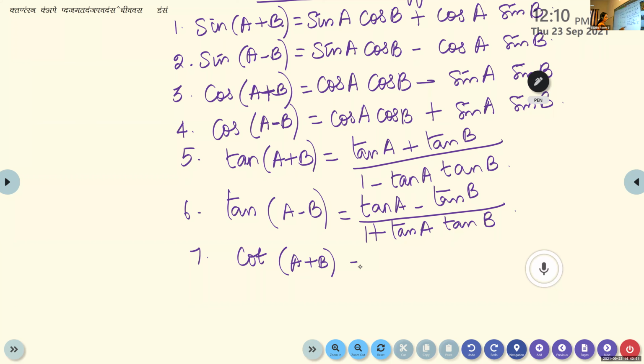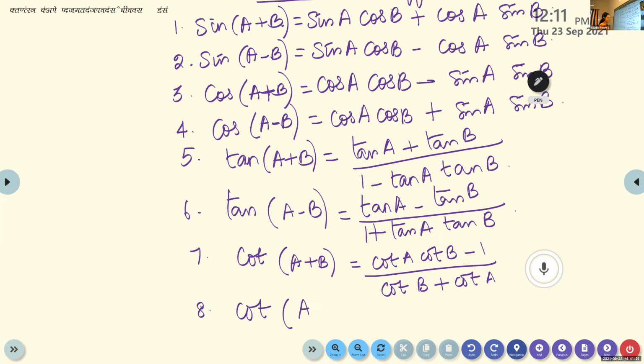Cot of a plus b is cot a cot b minus 1 by cot b plus cot a. And eighth one is cot of a minus b.